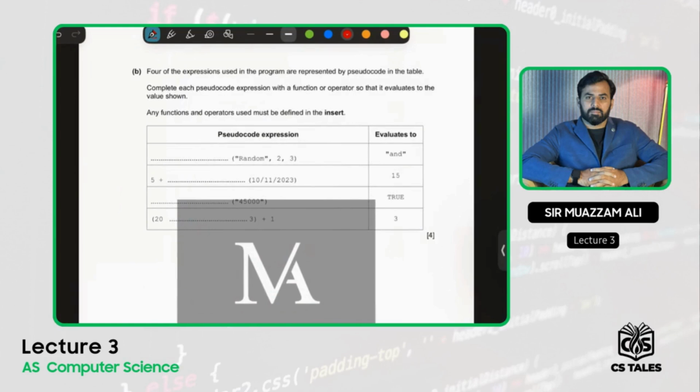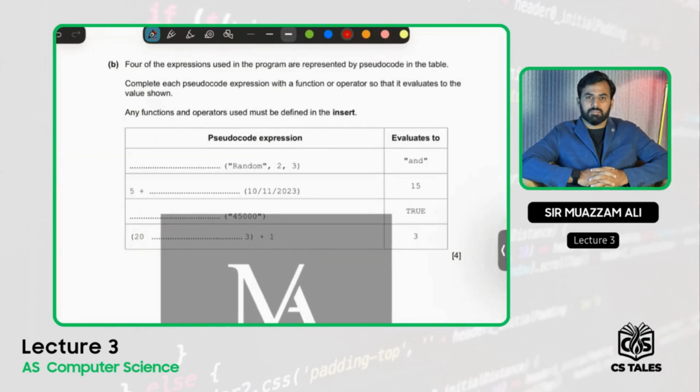There was an important question in which four of the expressions used in the program are represented by pseudocode in a table. Complete each pseudocode expression with a function or operator so that it evaluates to the value. Any function and operator used must be from the insert. He's asking what will come over there: random 2 3.